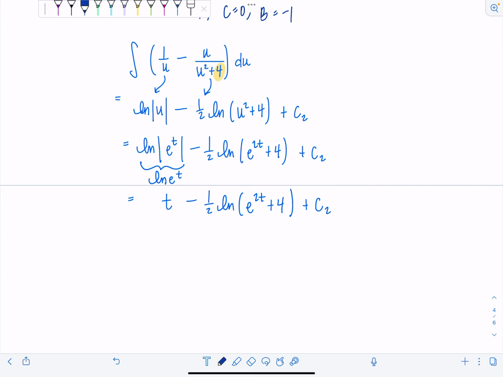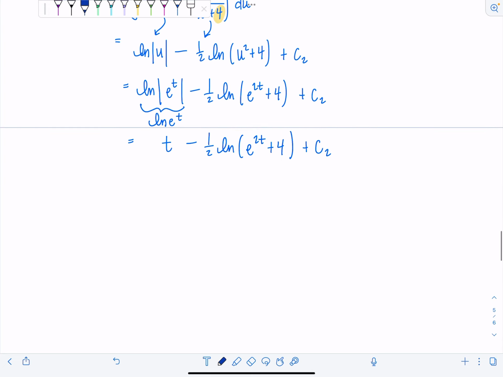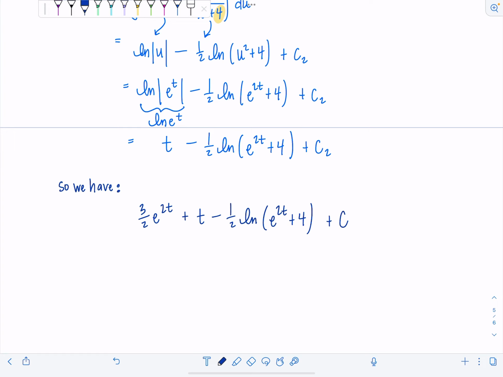So now, final answer, because this was just the result from the second integral, is as follows. We had 3/2 e to the 2t from the first integral, plus t minus 1/2 ln of e to the 2t plus 4 plus c, where c is equal to c1 plus c2.